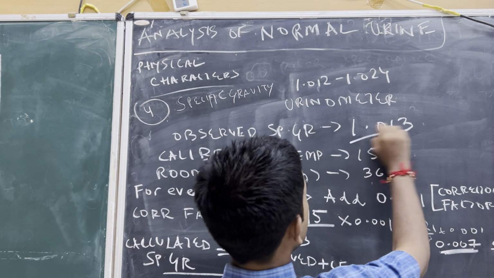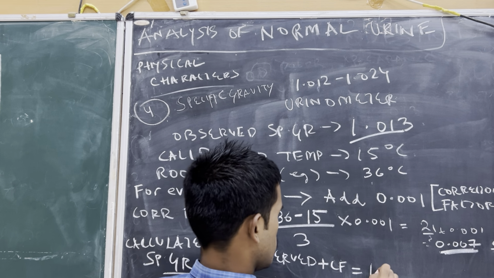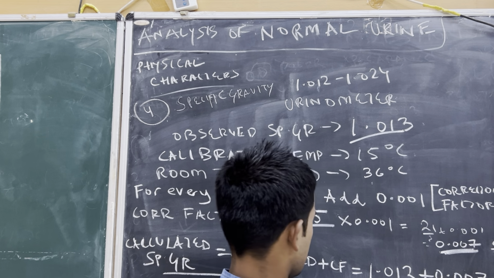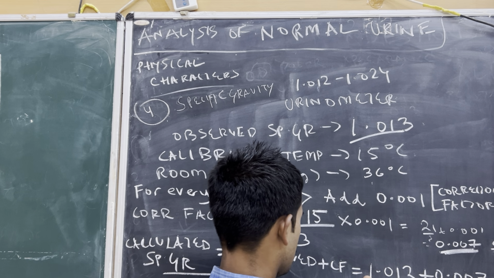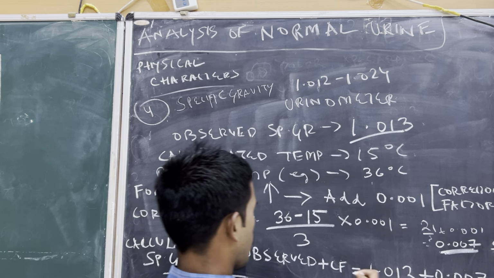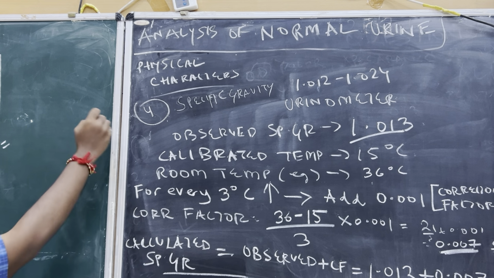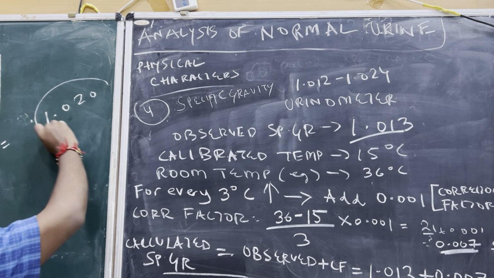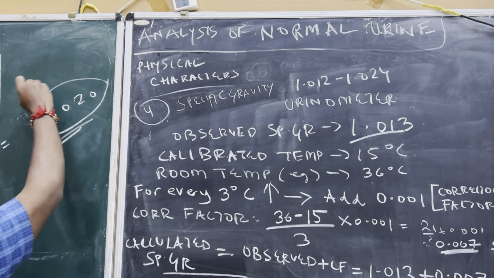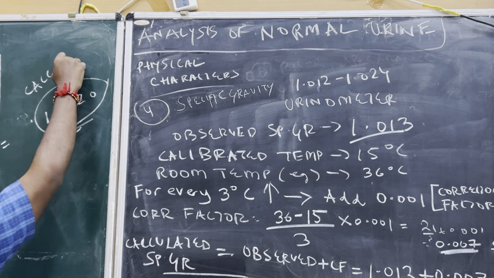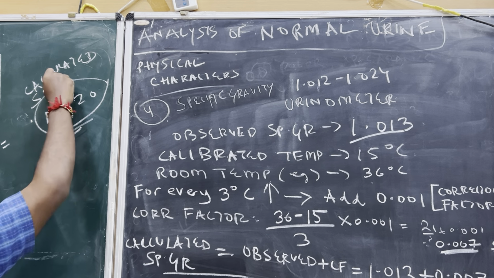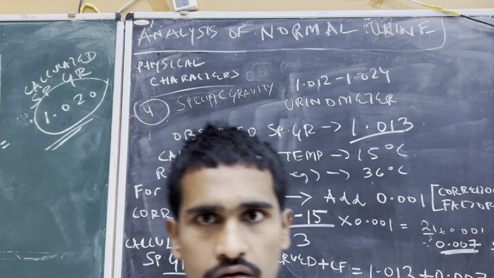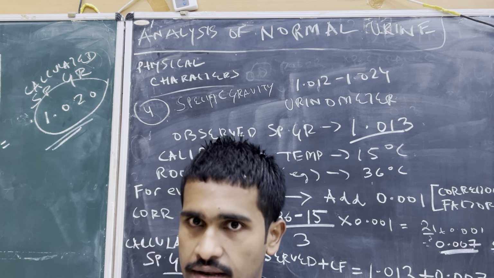That means 1.013 plus 0.007, which is equal to 1.020. This is the calculated specific gravity of urine. This is very, very important because this is usually asked in the exams and you have to write it as well as answer the examiner.